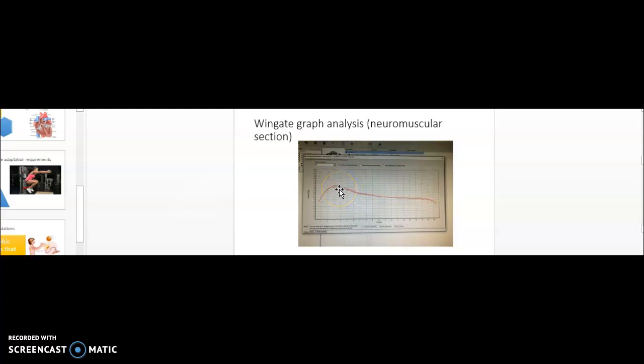In terms of the neuromuscular system and anaerobic adaptations, these are neuromuscular adaptations that would increase performance and therefore adjust the way this graph would look. For example, a neuromuscular adaptation that would be beneficial to a performer and change the way this graph looked would be neural pathways becoming refined and ingrained, therefore allowing impulses to travel faster.